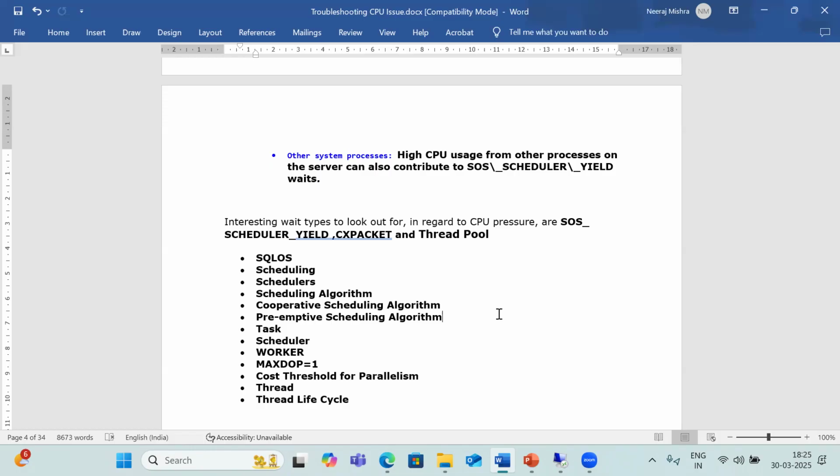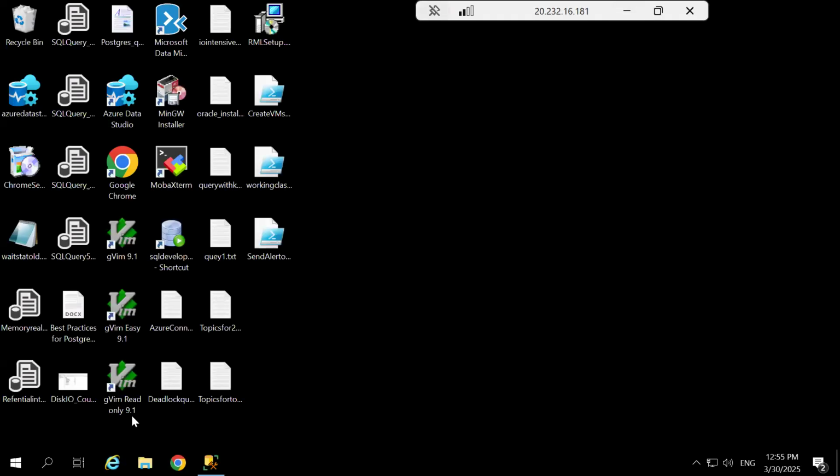So when a query is divided into multiple threads, you will see that under a single session, multiple threads are executing, right? I will show you after some time if any parallel query will be there. Is it completed?